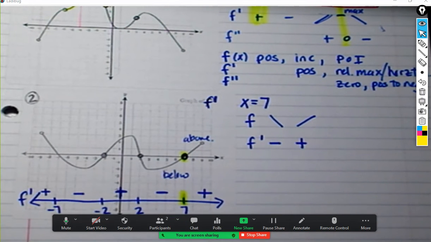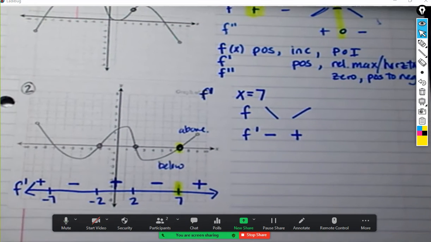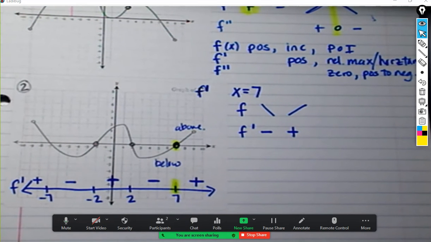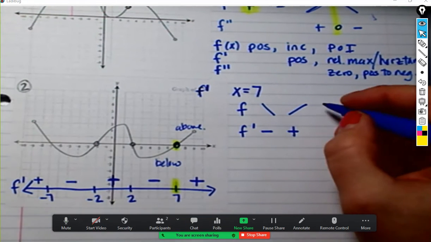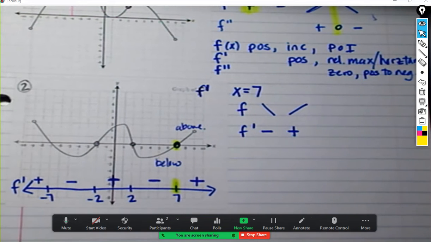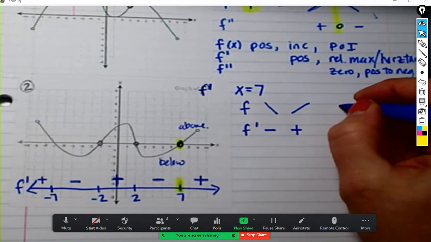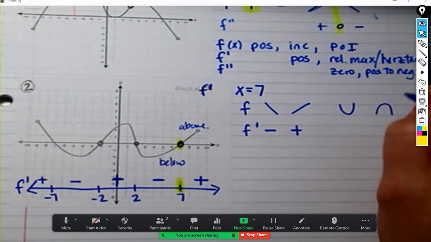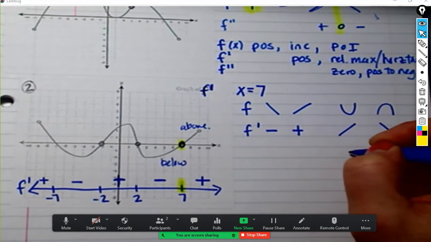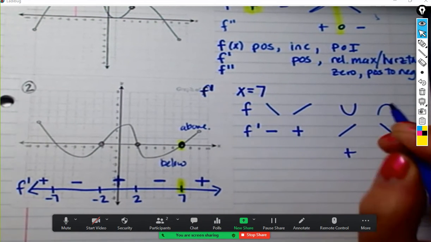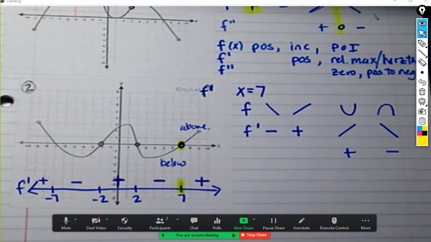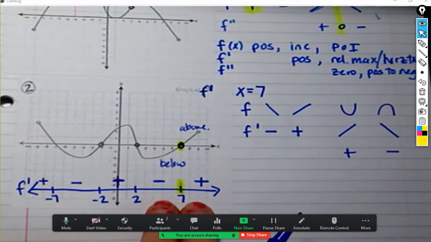It's below and then above. I wanted to make sure it matched. And then concavity, I'll just write it. Okay. Increase, decrease, positive, negative. Because you can put these columns in any order you want. I just suggest that you try to rearrange them so that they actually match what is given to you.